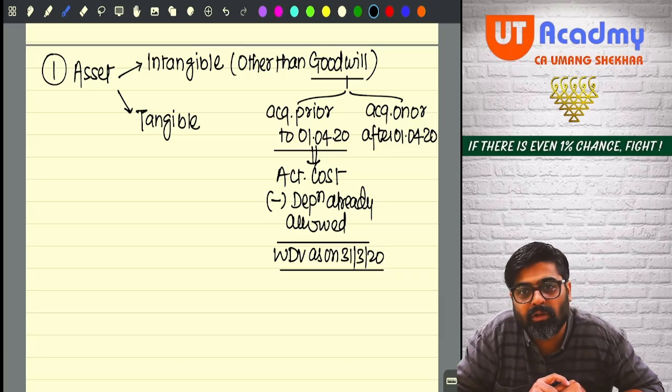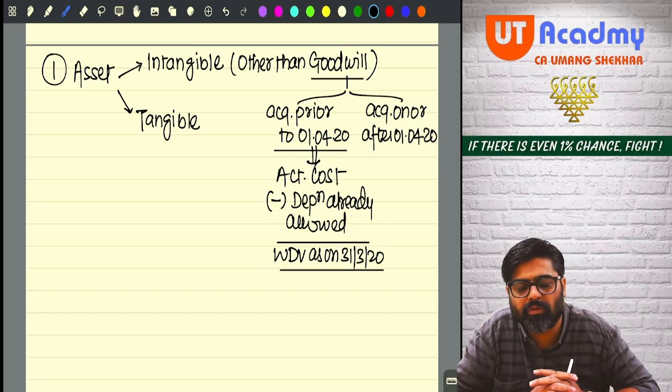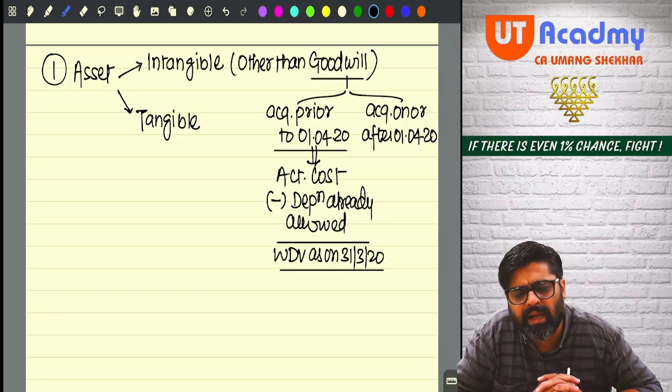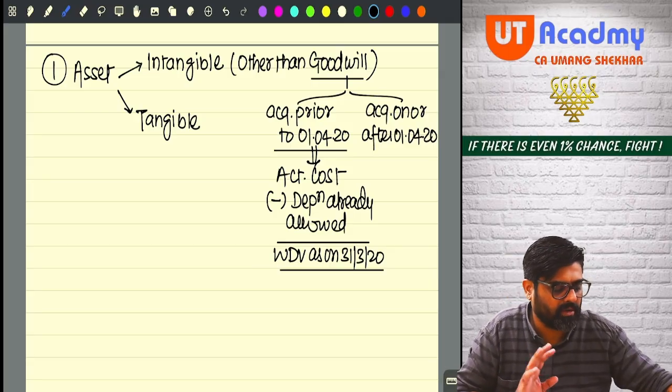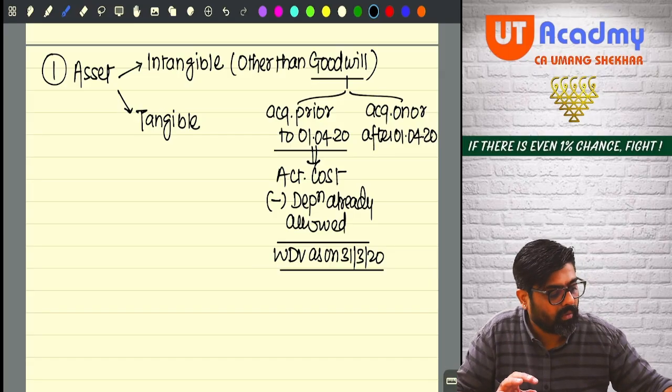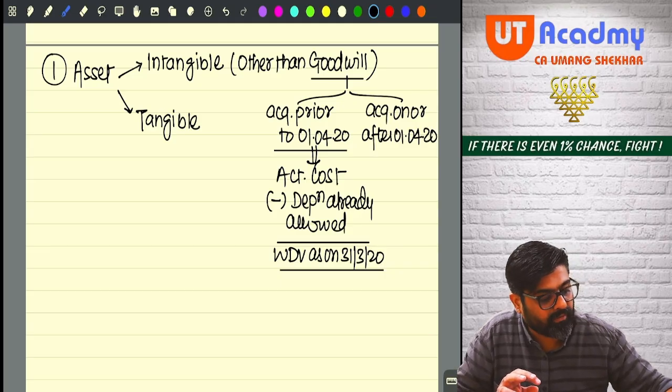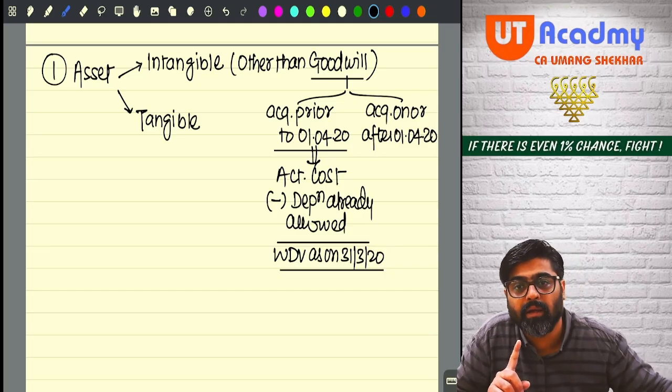Wait, some calculation mistake from my end. Sorry. 1 crore into 25%. First year depreciation will be 25 lakhs.